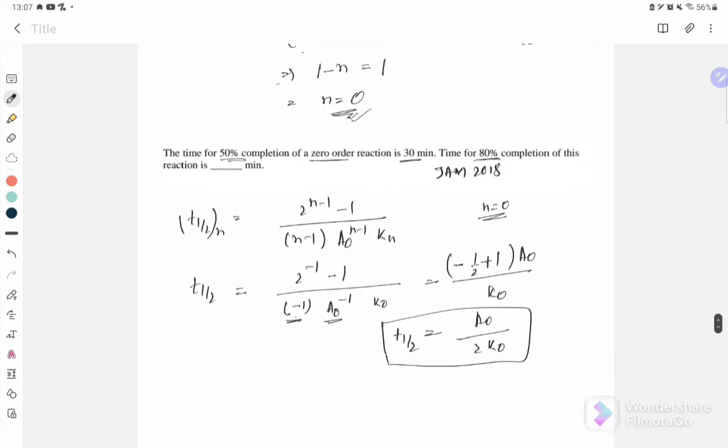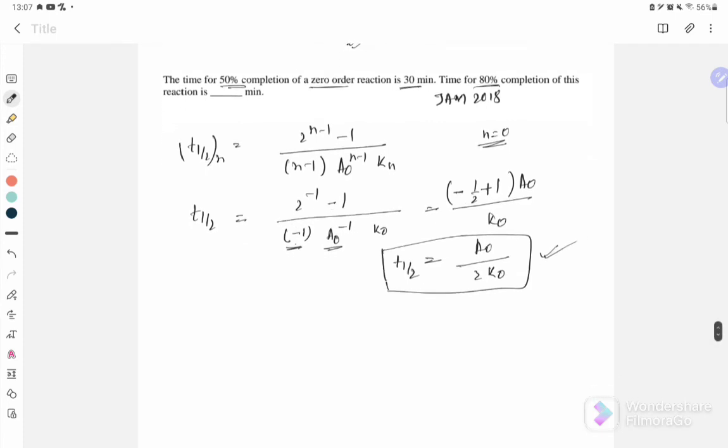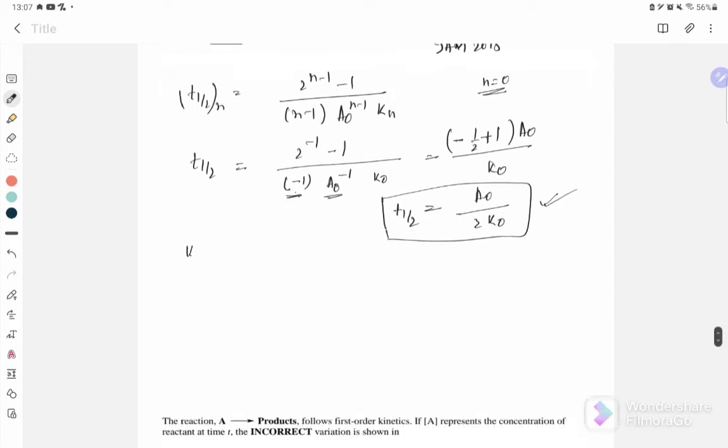So we have 30 minutes. This is our equation for t half of a zeroth order reaction. We know that for 50% it needed 30 minutes. So k0 will be a0 by 2 into t half, which is 30, so that is a0 by 60, that is k0.